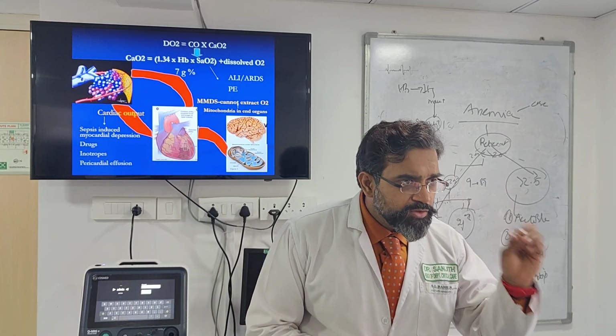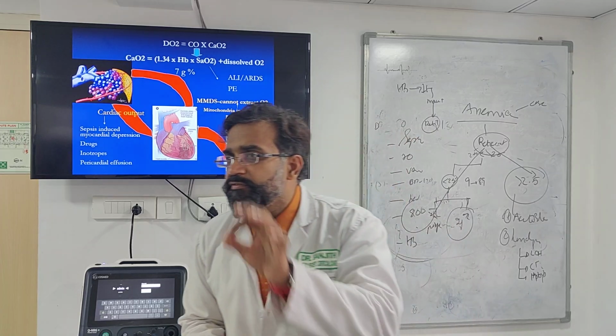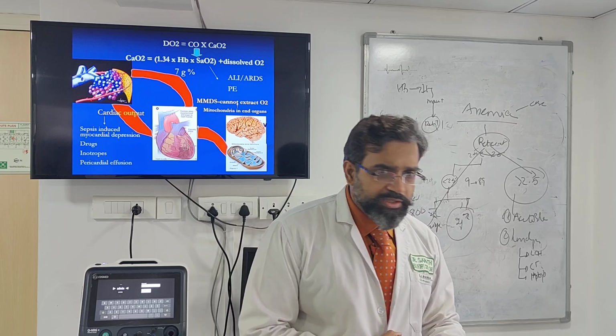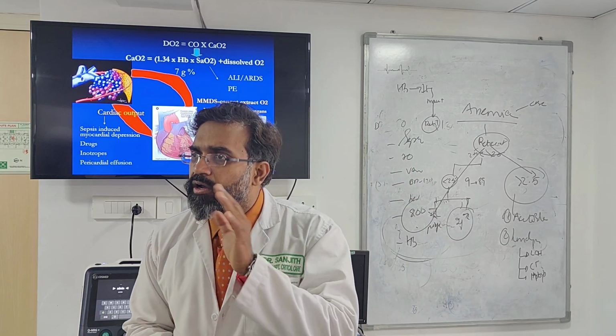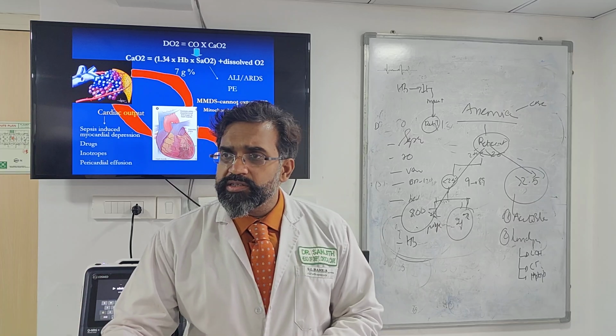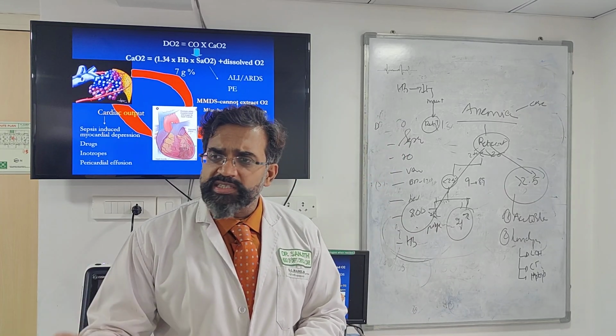Hemoglobin 7 should be a transfusion trigger, excepting when you have a patient who's having active myocardial infarction or CABG. Active myocardial infarction, that means active angina or myocardial infarction. It can't be a patient with ischemic heart disease. If a patient has ischemic heart disease and is admitted in the hospital, his hemoglobin of 7 is acceptable.